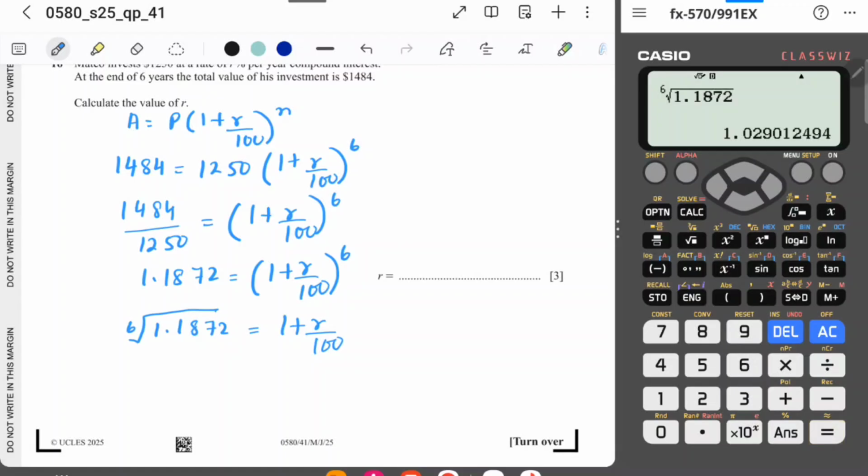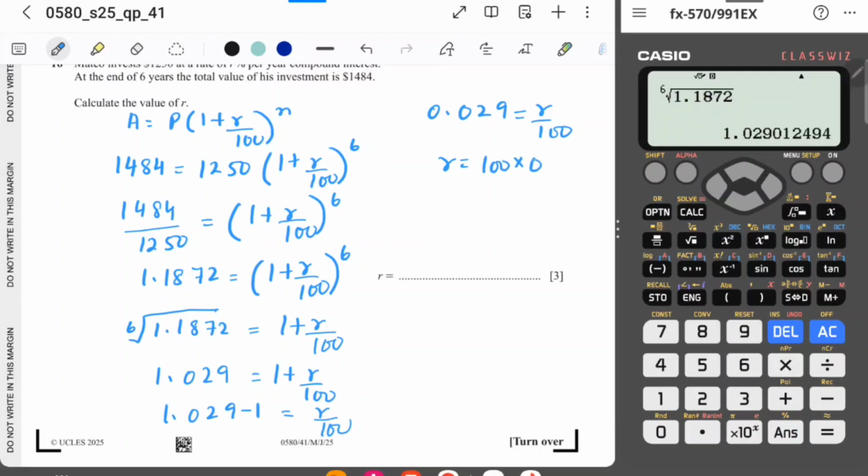That comes to 1.029. So 1.029 is equal to 1 plus R over 100, and then you do 1.029 minus 1, which is equal to R over 100. That is 0.029. So 0.029 is equal to R over 100, and then multiply by 100. 100 times 0.029 gives you 2.9%.